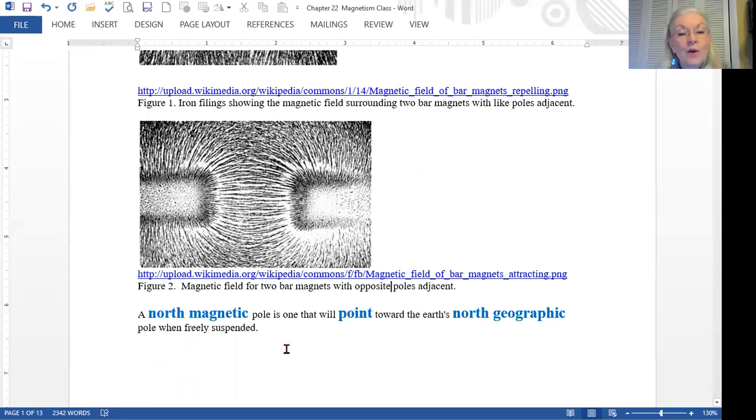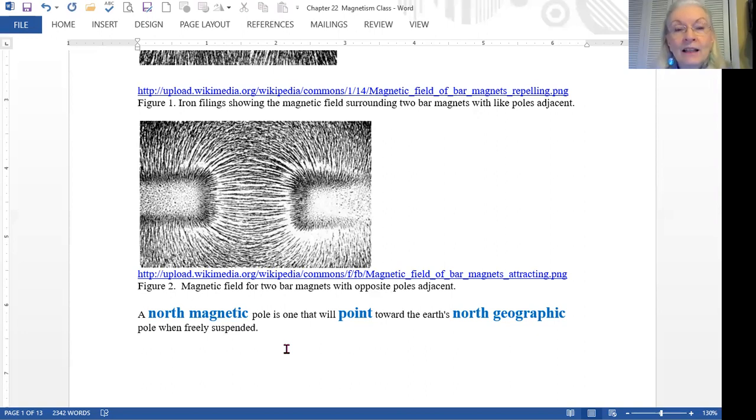All righty, so as I've said, the north magnetic pole is on a bar magnet, and we'll talk about that. It got its name because the north magnetic pole is the pole that will freely point towards geographic north if you suspended the bar magnet.